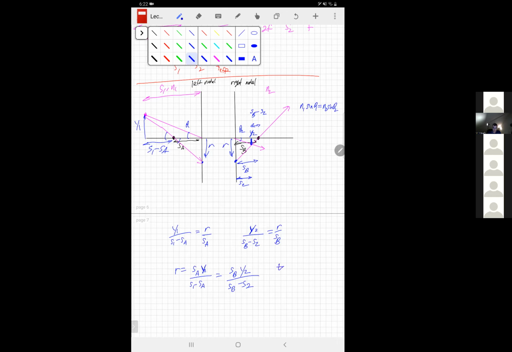Tan theta 1 is equal to y1 over S1, and we know that tan theta 2 is y2 over S2. So is there any way to rewrite these, to relate theta 1 to theta 2?